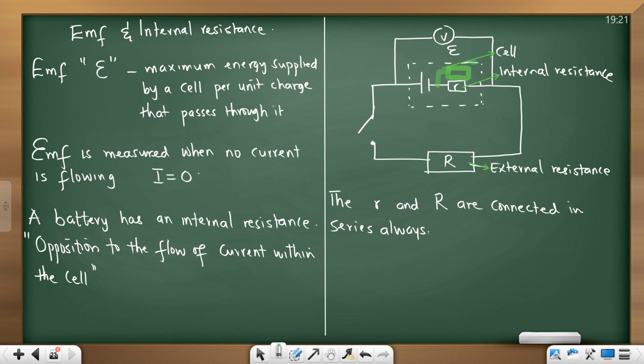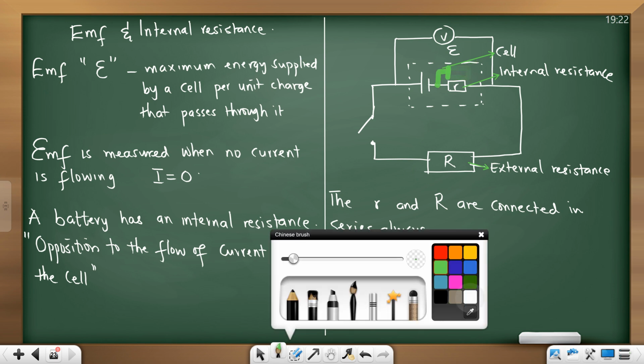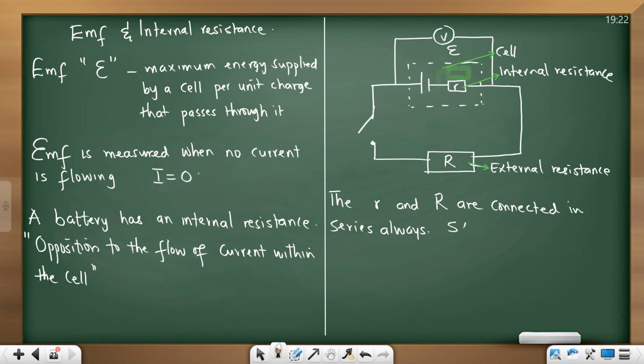Good. And because they are connected in series, what happens? Do you remember our acronym? Series are potential dividers. It means the current in R is equal to the current in r. The current is coming from the battery, right?